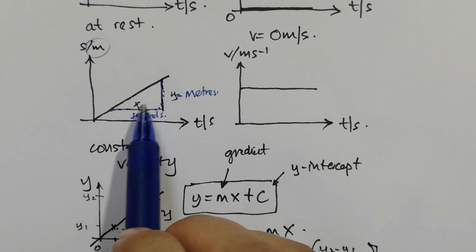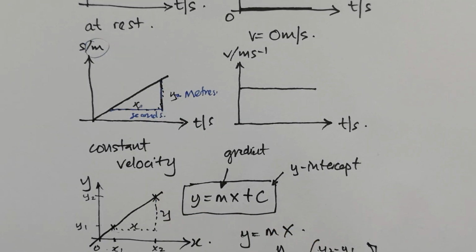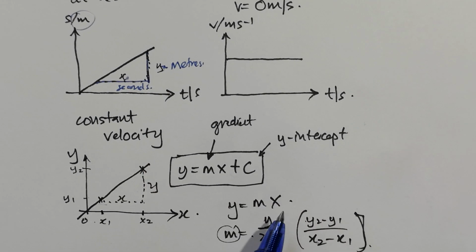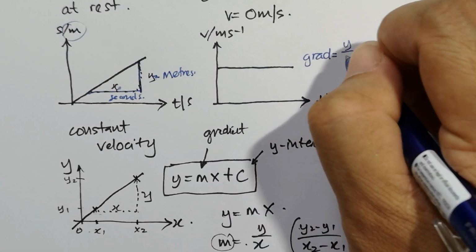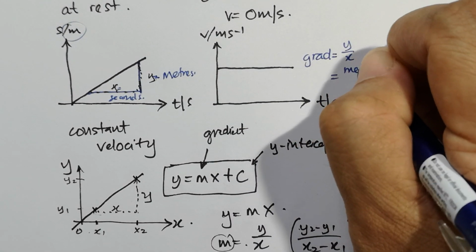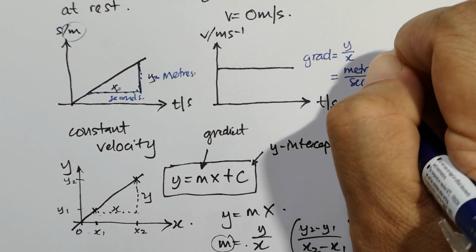So the gradient is y over x, meters over second.